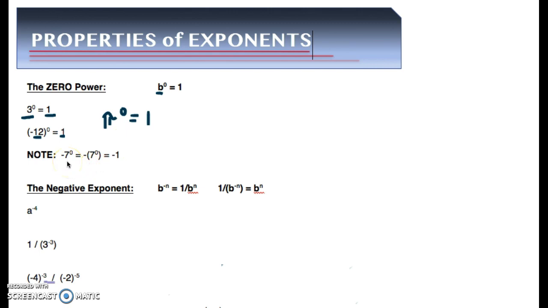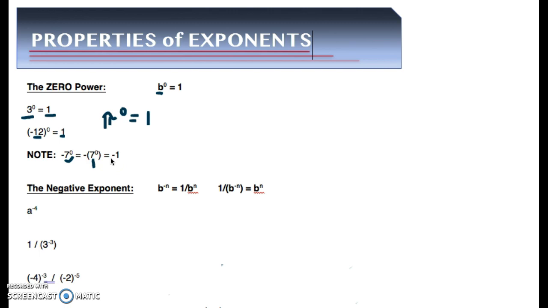Keep in mind sometimes you're going to have parentheses around numbers, but if you have something like negative 7 to the 0, that's the same as order of operations: you do your exponents first. 7 to the 0 is a 1. Make it negative, and you end up with a negative 1.